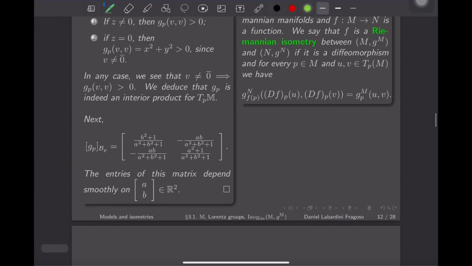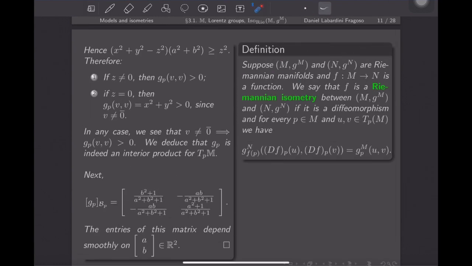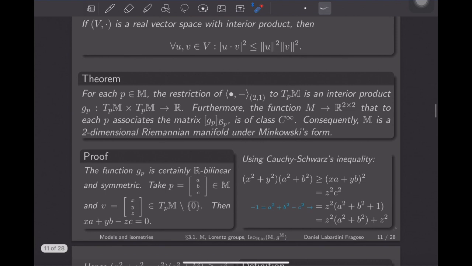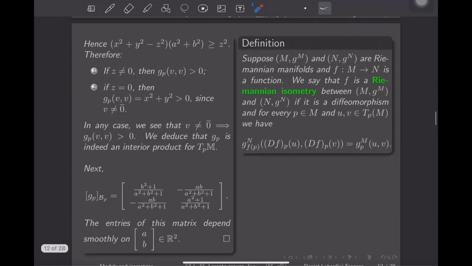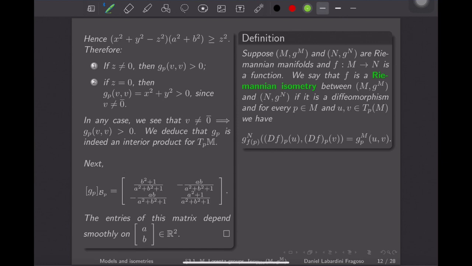And then, since I have this inner product on the tangent plane, I can compute this matrix, which by definition is GP of v1 v1, GP of v1 v2, GP of v2 v1, and GP of v2 v2.